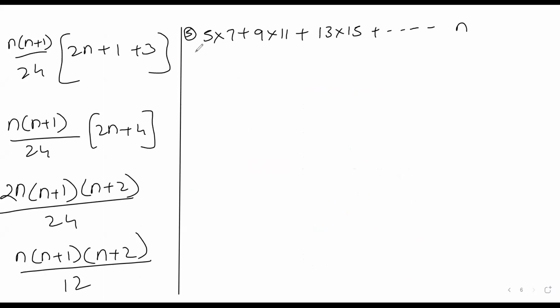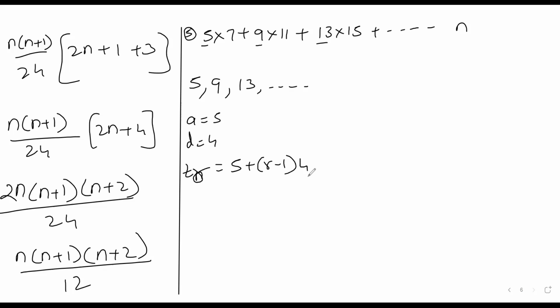Now we have to find this. I'll take the first term of each of these terms. It is 5, 9, 13, and so on. This is an AP. A is 5, D is 4. So Tr is 5 plus r minus 1, 4. That is 5 plus 4r minus 4. That is 4r plus 1.